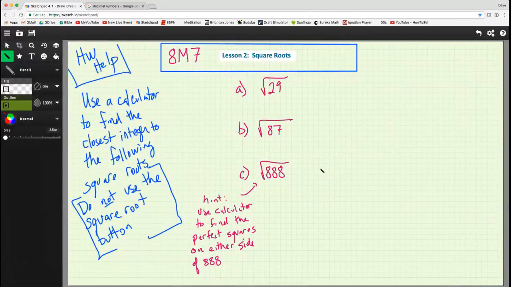Well, let's see. So I know that this is between the square root of 25 and the square root of 36. So I know it's between 5 and 6. So let's do 5.1, 5.2, 5.3, 5.4. Let's see if that's enough.